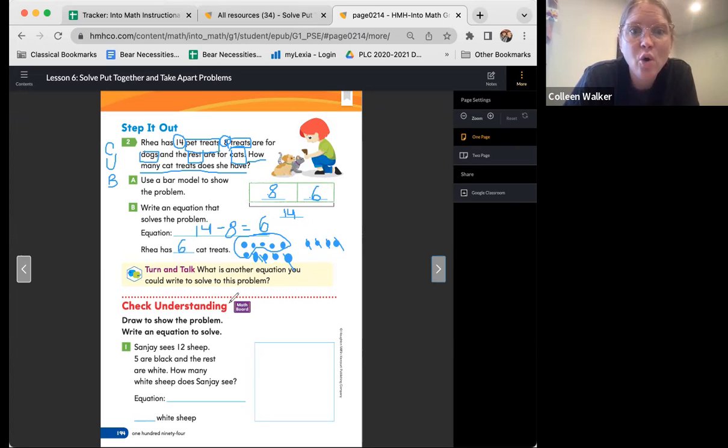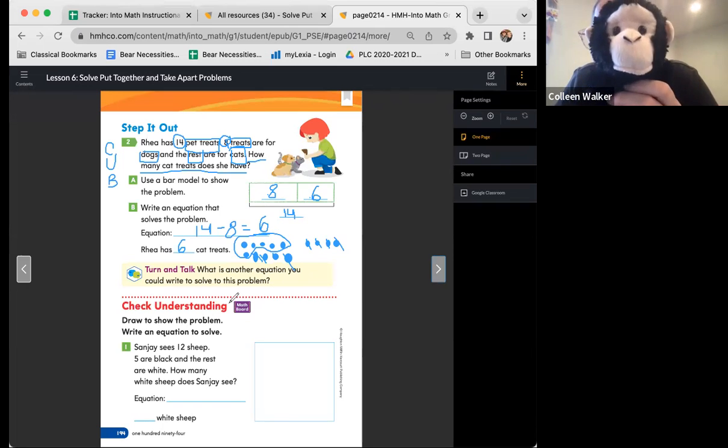Turn and talk. What is another equation you could write to solve this problem? What do you think, Monkey? Awesome. So Monkey said we wrote a subtraction equation.